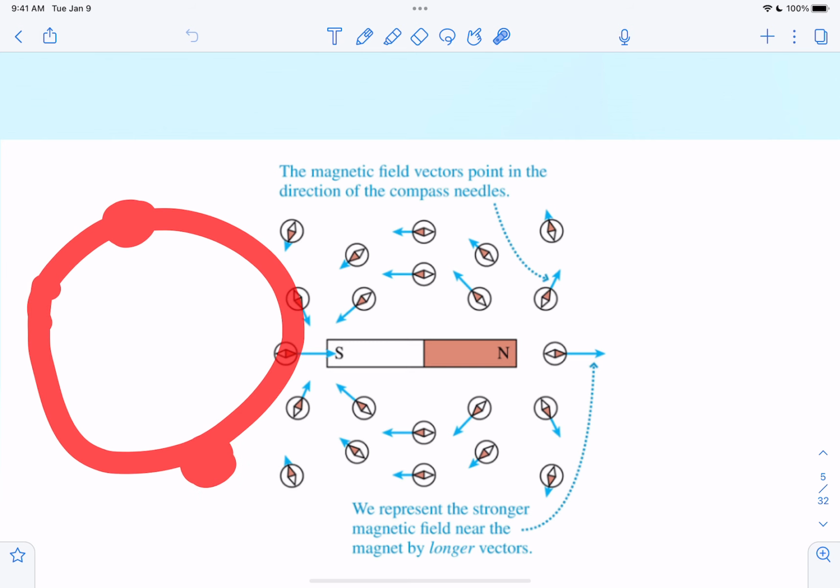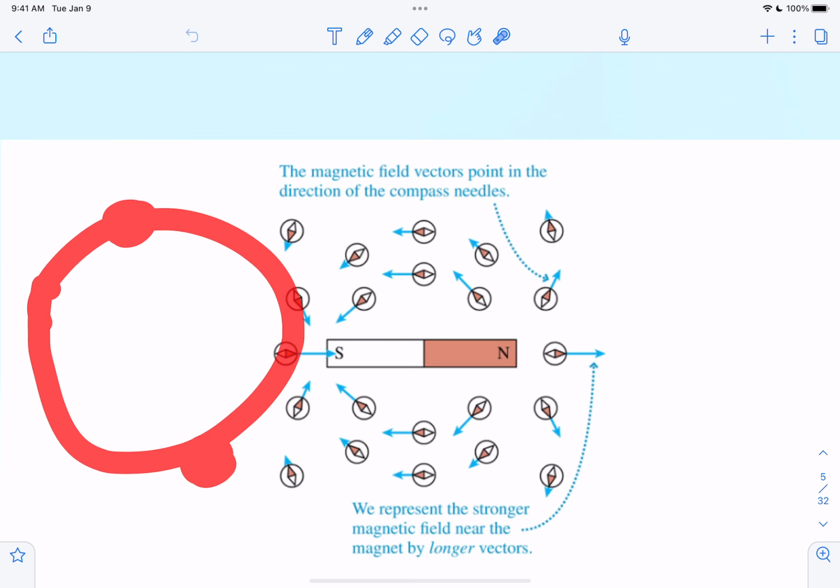And it makes sense, because if we had a compass and we were trying to point north, north would be attracted to the southern magnetic pole. So the north direction has to be a southern magnetic pole in order for the north direction on the compass to point towards it. We said that like poles repel and opposite poles attract.